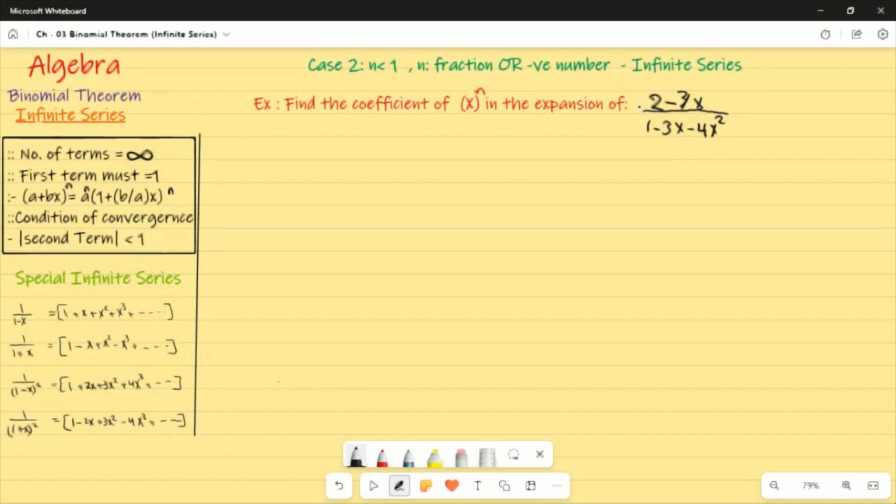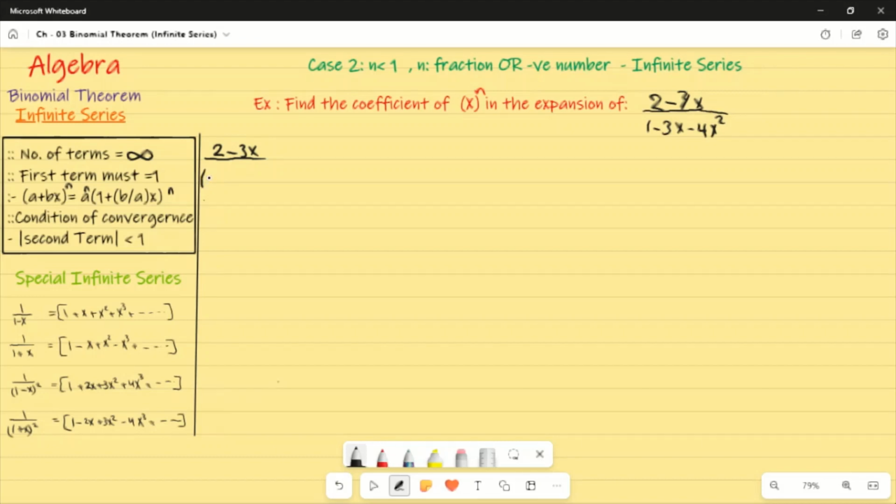Okay, so we have 2 minus 3x, and just factorize the denominator.